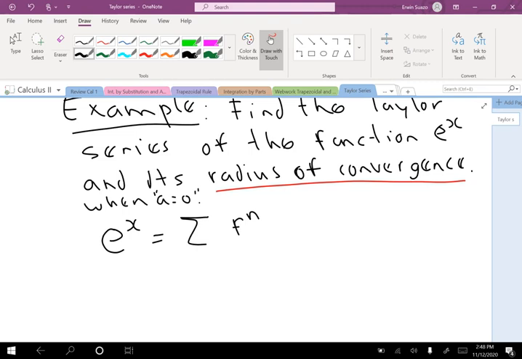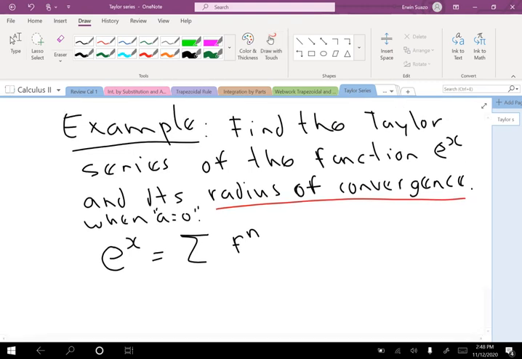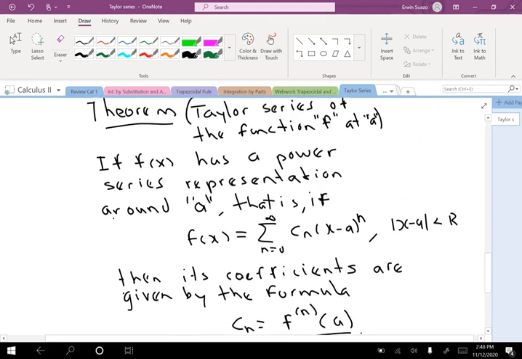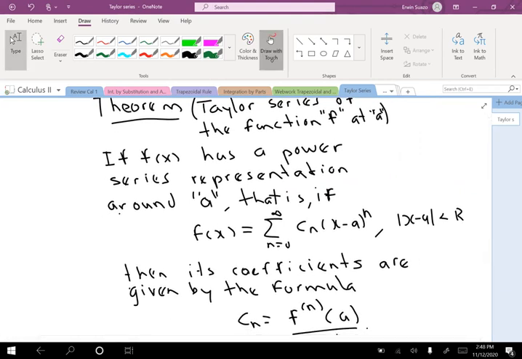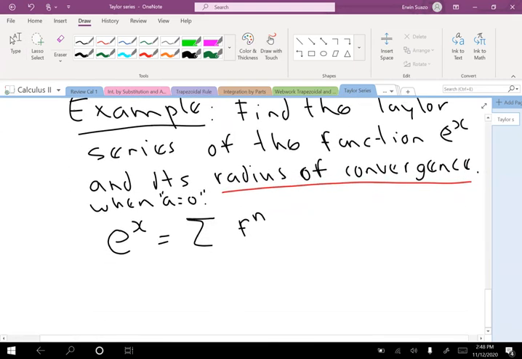Okay. Over here, you see in my theorem, a is over here. If a is 0, it's just going to look easier for the first example. And then I evaluate at a, but since a is 0, I just need to evaluate at 0.